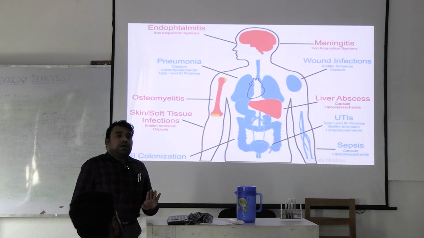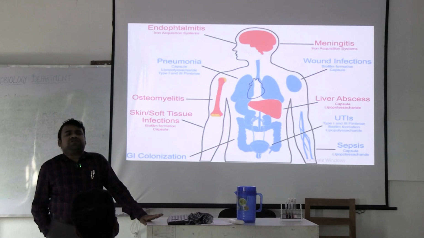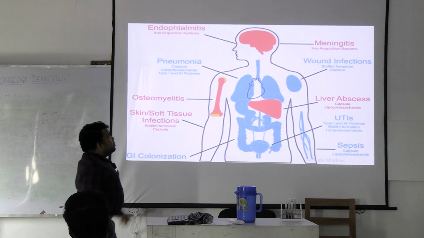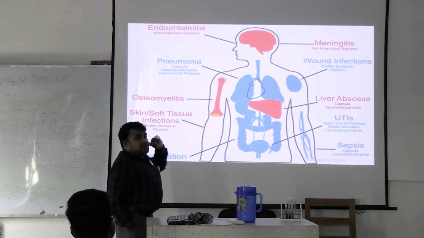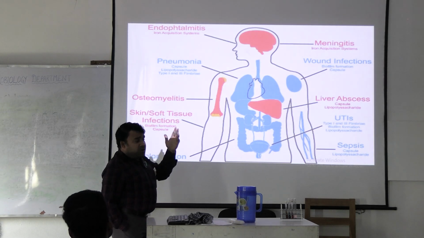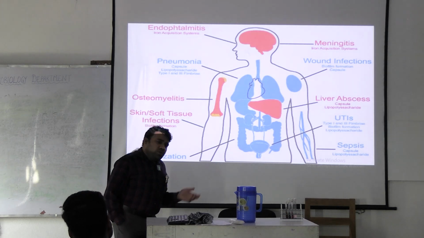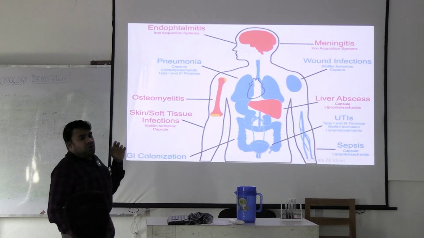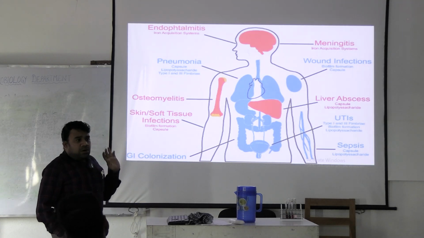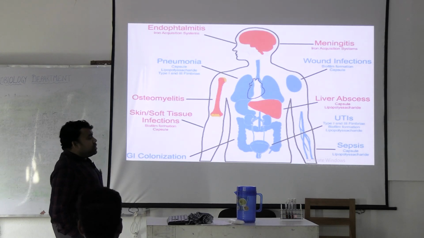Next, this organism causes a plethora of infections. Right from, look at the head, it can cause meningitis, it can cause infections in the eye like endophthalmitis, any type of wound infection, traumatic wound infection or a surgical site wound infection. Then it can cause infections in the organs and abscesses like hepatic abscess, pneumonia.